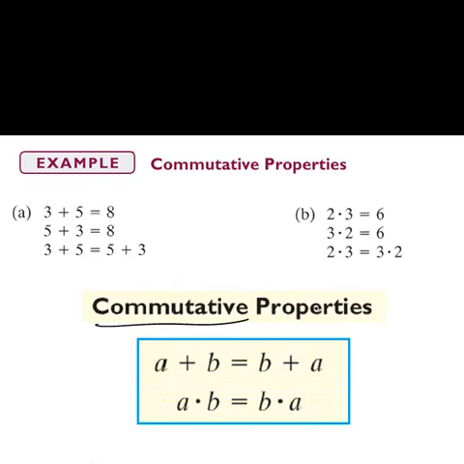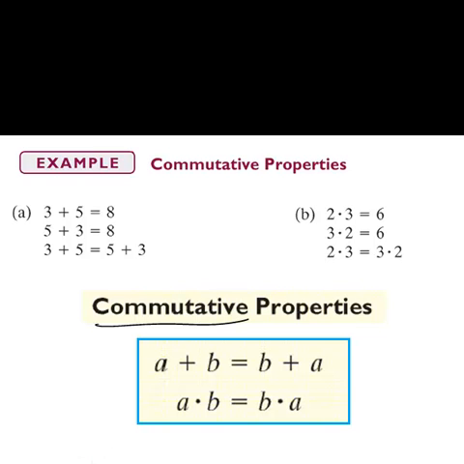When you think about commutative, think about going back and forth between your home and work. You're commuting, right? You're going back and forth. So that way you can make a mental connection with the word commutative for this property of addition and multiplication. But not all operations are commutative.